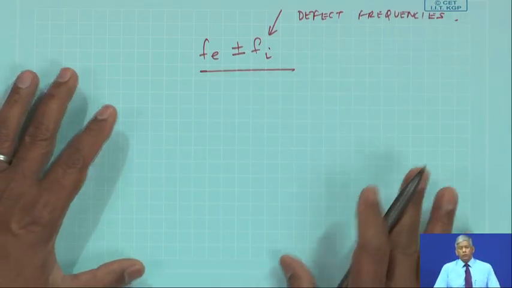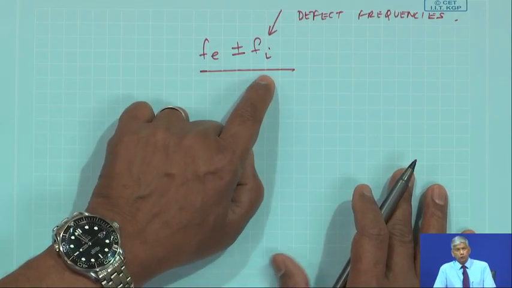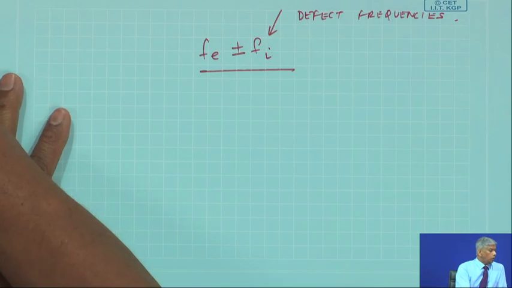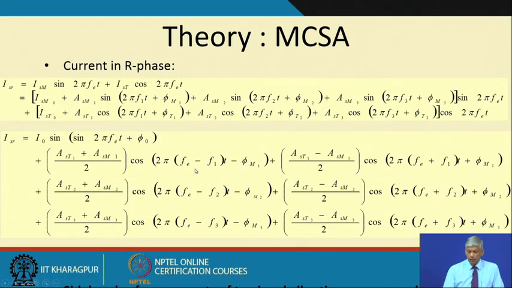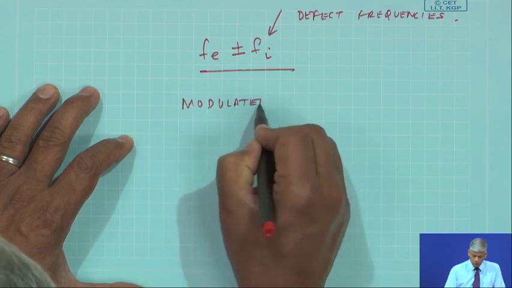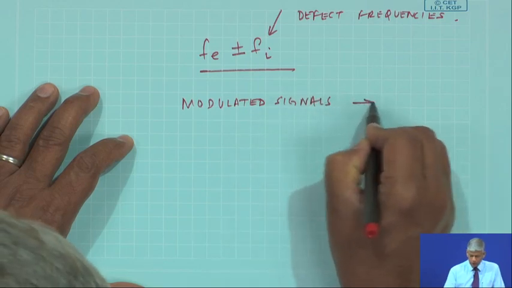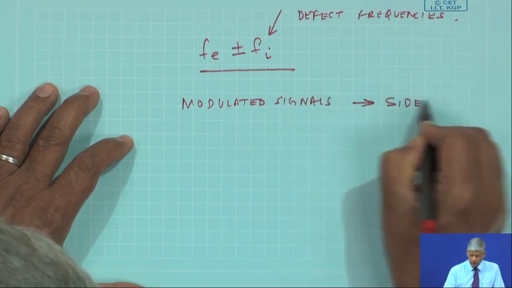In fact, this is the reason why I can measure current to detect these frequencies. Basically, because sidebands are there, you can pretty well say that they are modulated, because as you know, modulated signals in the spectrum will give you side bands.